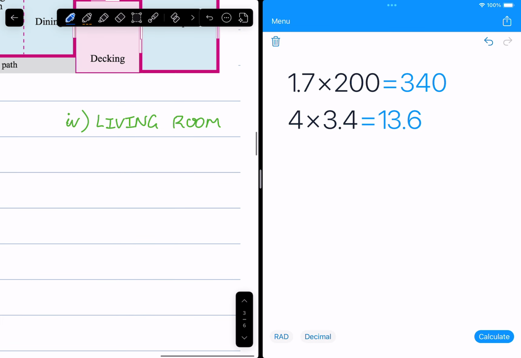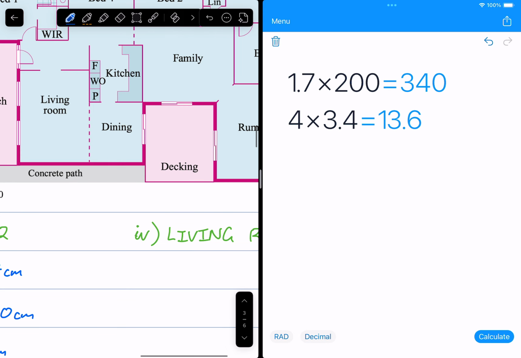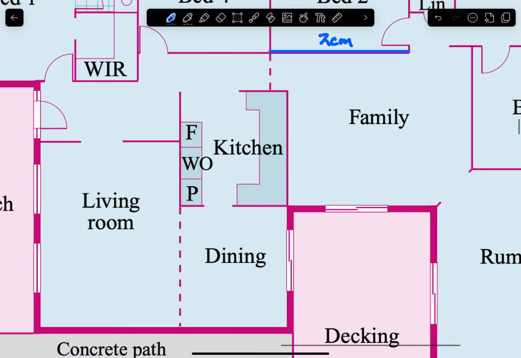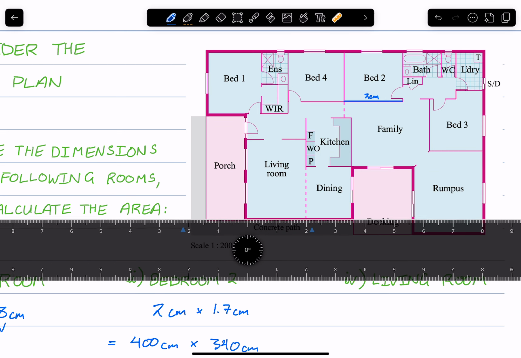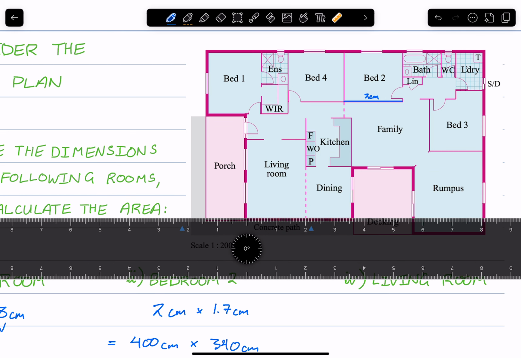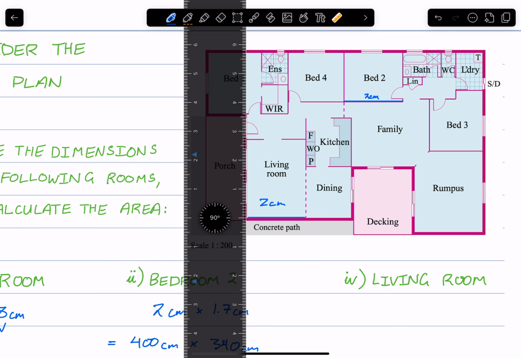Let's do a final example here, the living room. The hardest part here, as you've seen, is just getting the ruler and the measurement. For this one, from the inside, it looks to be very close to 2 centimeters. Let's just use that. And bring that on 0.